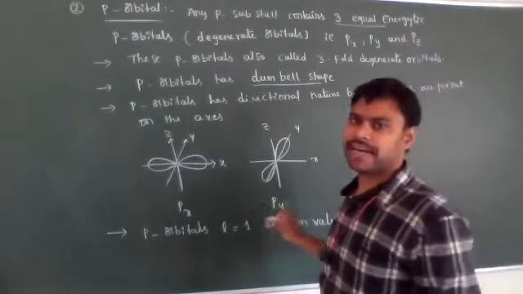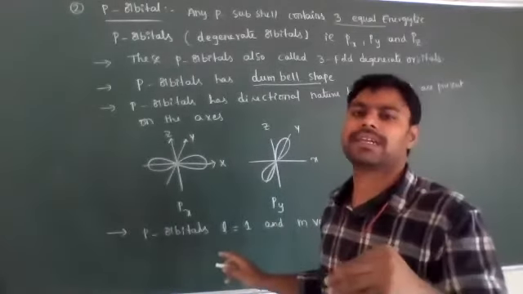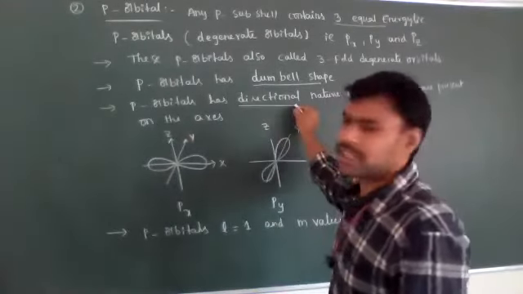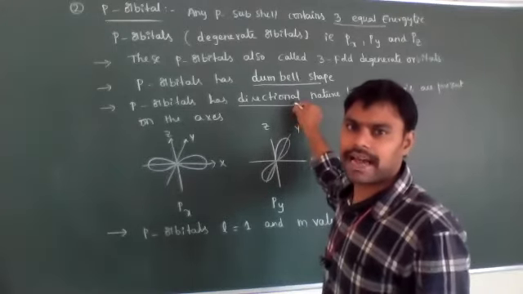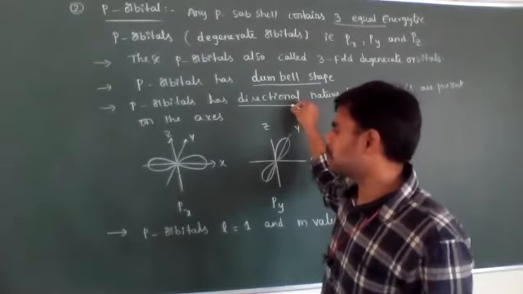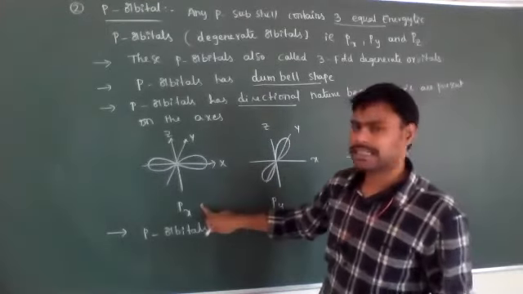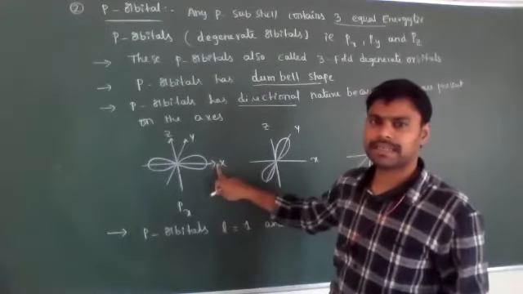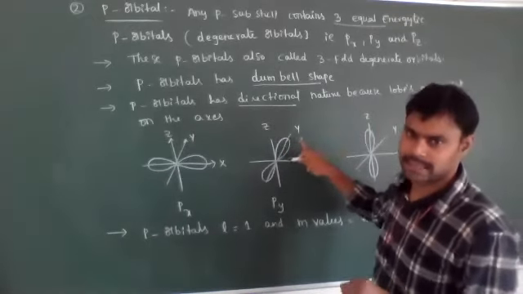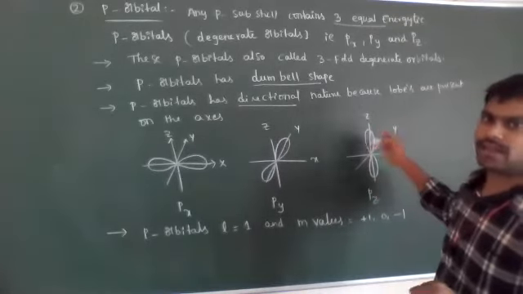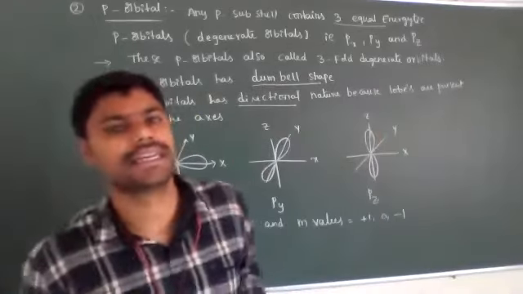Are p orbitals directional or non-directional? They are directional, because the lobes are present on the axis. For the px orbital the lobes are on the x-axis, for py on the y-axis, and for pz on the z-axis.